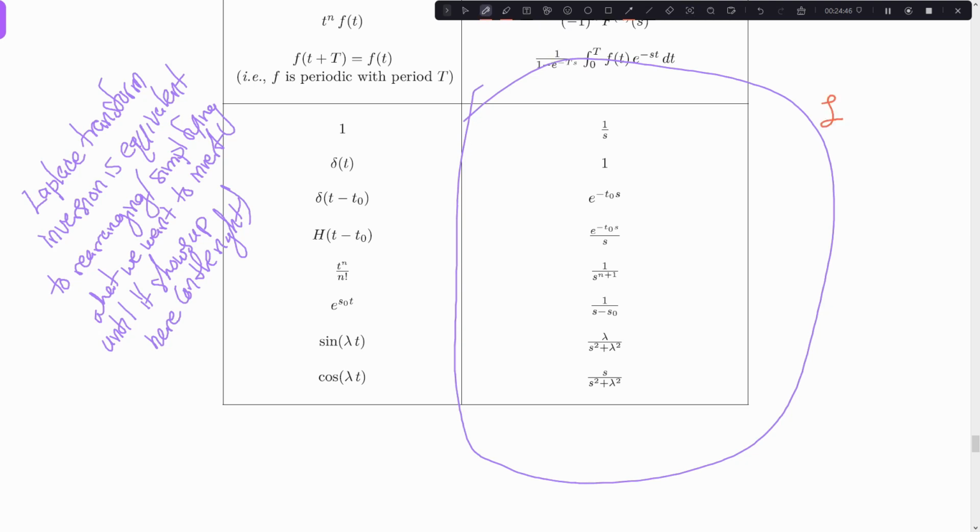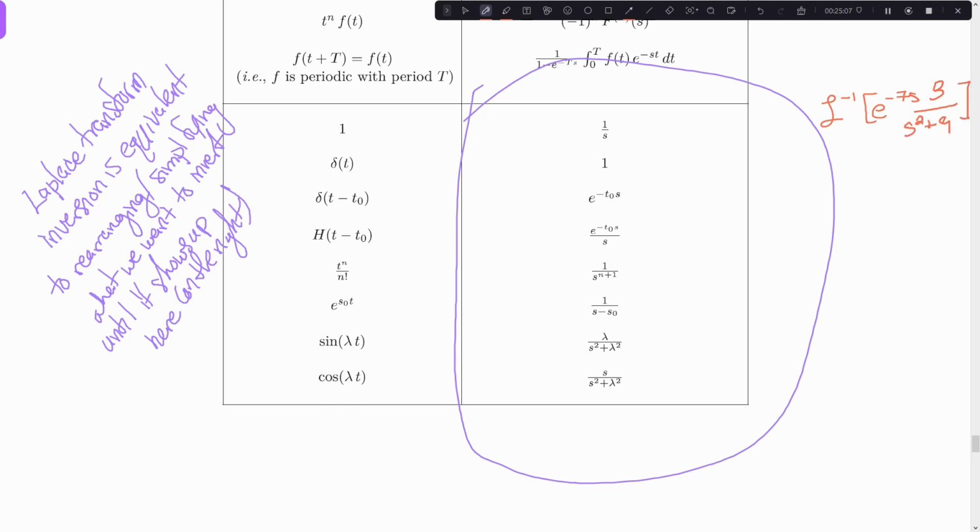Let's just say L inverse. So you get what I'm saying about something like this. If I do L inverse of e to the minus 7s, I should use some real numbers, 3 over s squared plus 9.